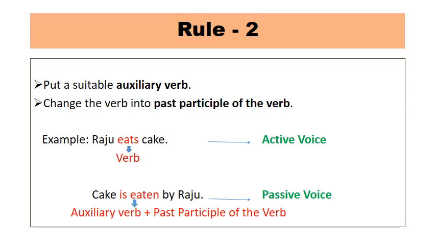Past participle of the verb means third form of the verb. See the example. Raju eats cake. It is in active voice. Cake is eaten by Raju is in passive voice. Is eaten, see the auxiliary verb plus past participle form of the verb.